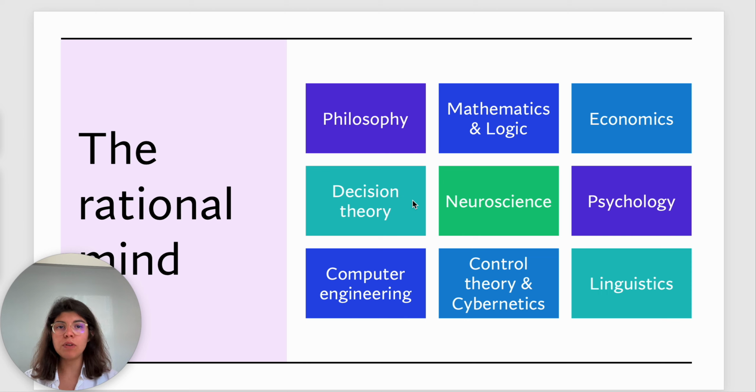So the first two readings are meant to set up the discussion about what is artificial intelligence, why is this interesting, how should we start thinking about the various problems that arise.